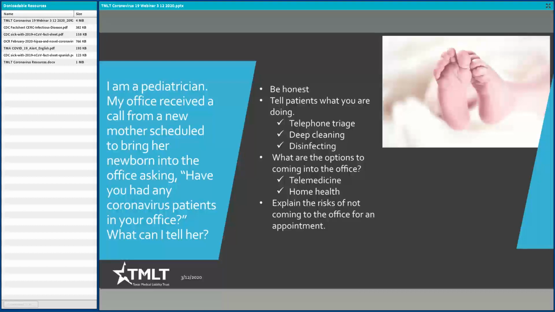You should expect special populations to have questions. One question that we've received is, I'm a pediatrician. My office received a call from a new mother scheduled to bring her newborn into the office saying, have you had any coronavirus patients in your office? And what can you tell her? Simply, you need to be honest. If you have had a coronavirus patient, you can say what you have done from a cleaning and disinfecting process.